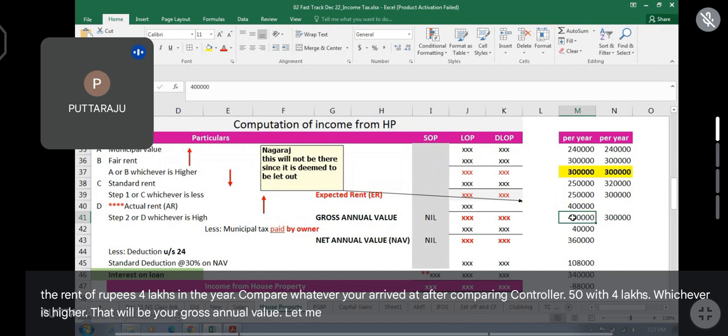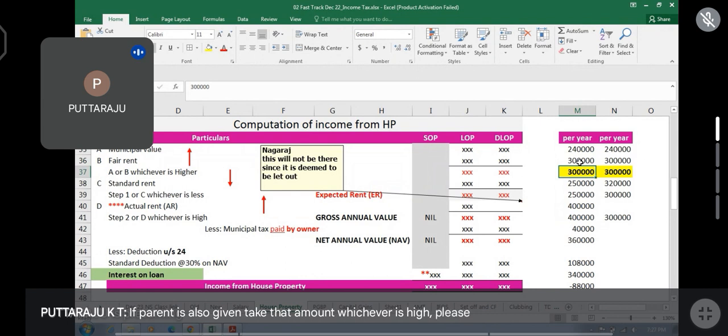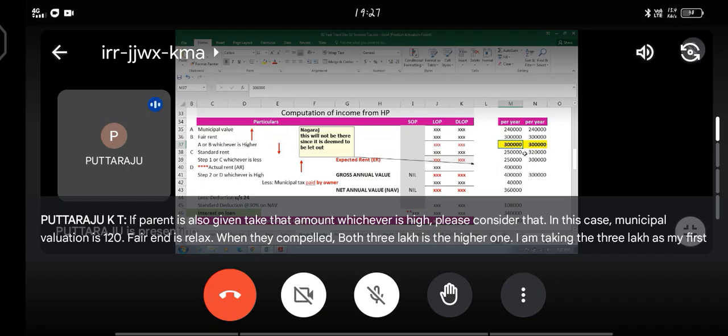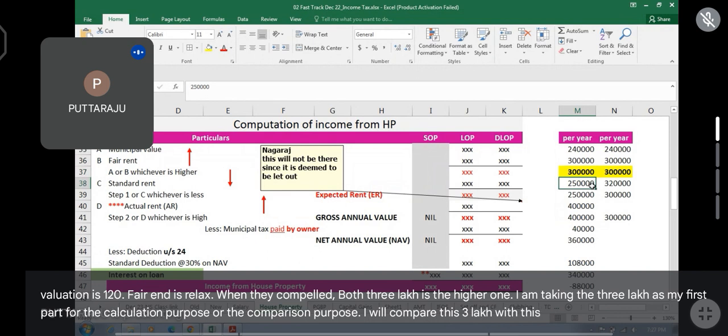Let me explain once again. If the municipal valuation is given, take that amount. If fair rent is also given, take that amount. Whichever is high, please consider that. In this case, municipal valuation is 2 lakh 40, fair rent is 3 lakhs. When I compared both, 3 lakh is the higher one. I am taking the 3 lakh as my first part for the comparison purpose. I will compare this 3 lakh with the standard rent.